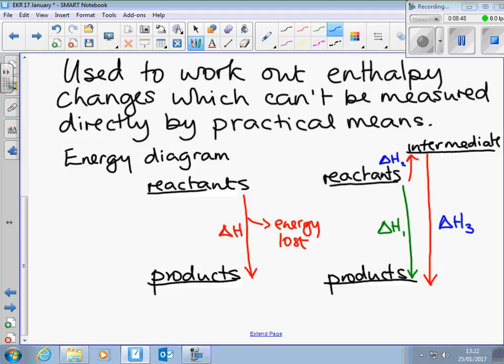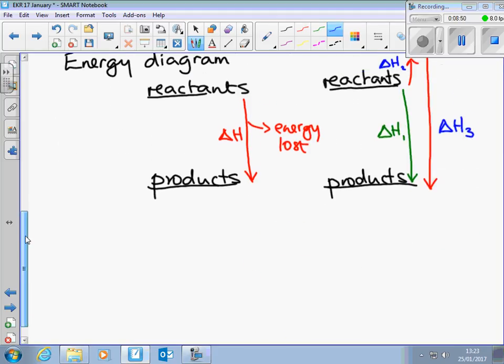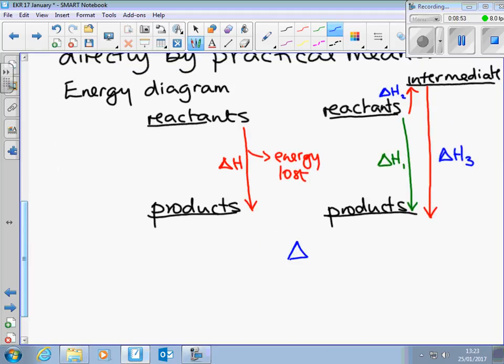So a way of calculating delta H1 is simply delta H3, which is of course going to be negative like delta H1, minus the delta H2. And this is what you're going to do.